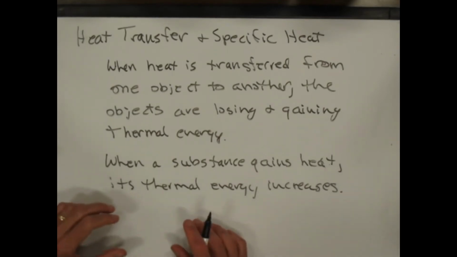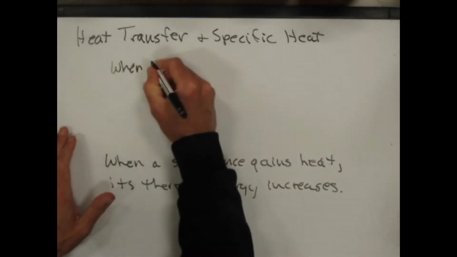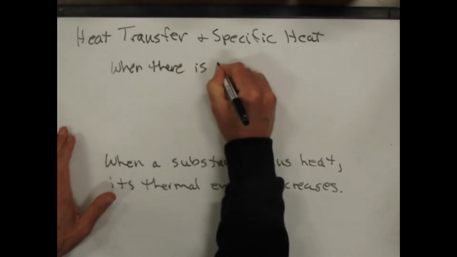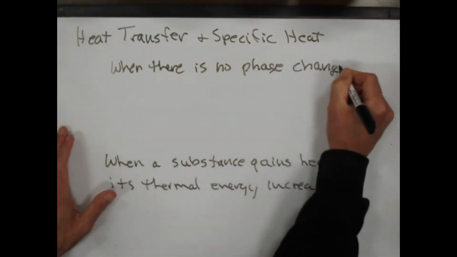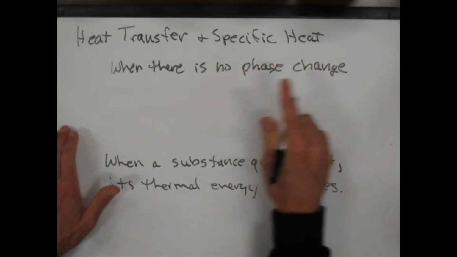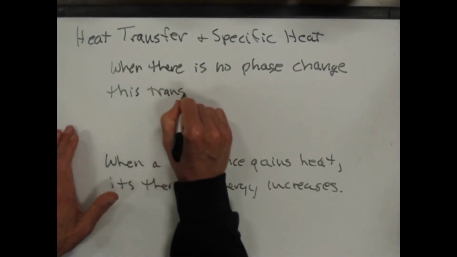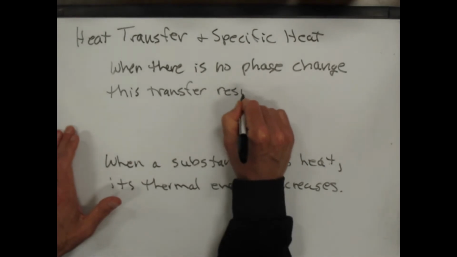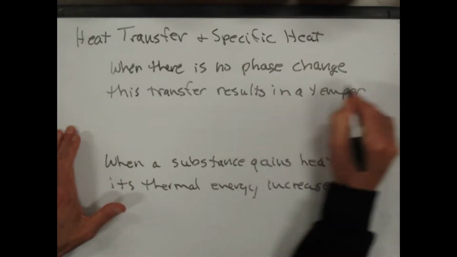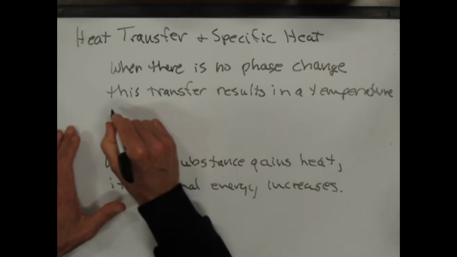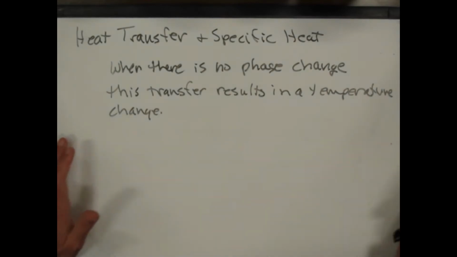And so in the special case here, when there's no phase change, and by phase change I mean like solid to liquid or liquid to gas, this transfer results in a temperature change.